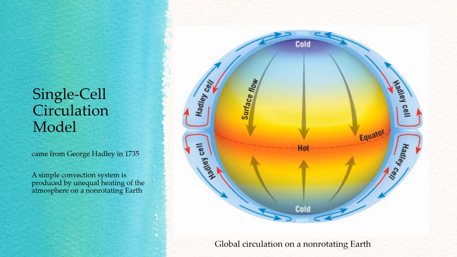That's why another model, what we call the three-cell circulation model, was developed. The three-cell circulation model was proposed in the 1920s and incorporates the Earth's rotation, unlike Hadley's model. This time, the three-cell model includes the Hadley cell, the Ferrel cell, and the polar cell.